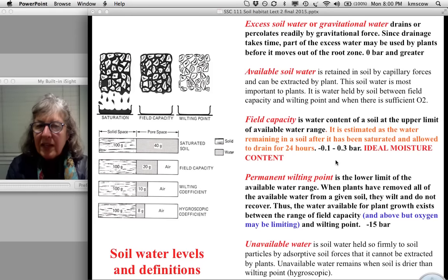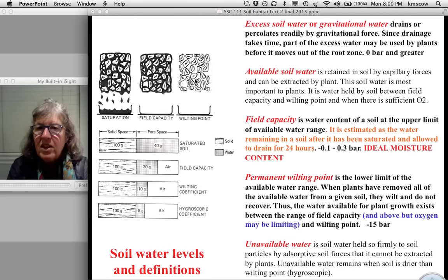But we can also attach an actual water potential measurement to this, and that's in the area of minus 0.1 to minus 0.3 bars. Field capacity is an ideal moisture content because you have some pores filled with air, some filled with water, and you have a lot of water that's being held as well.